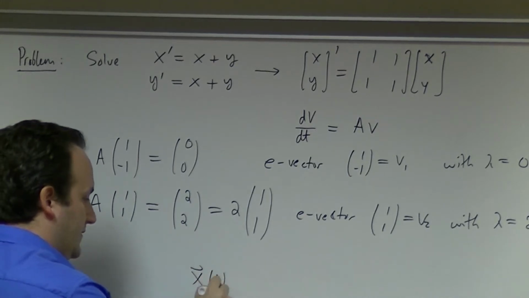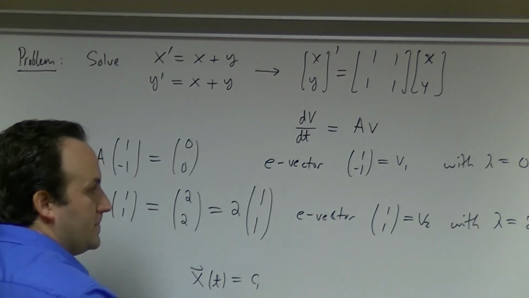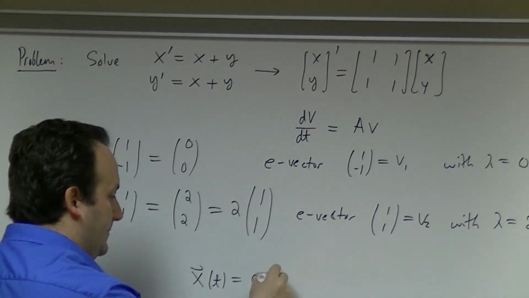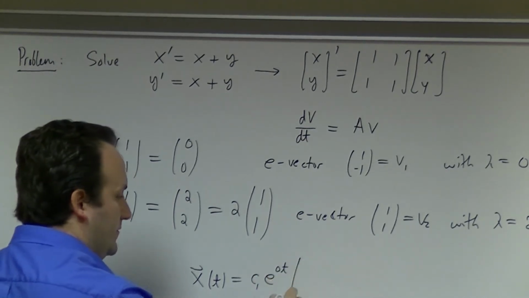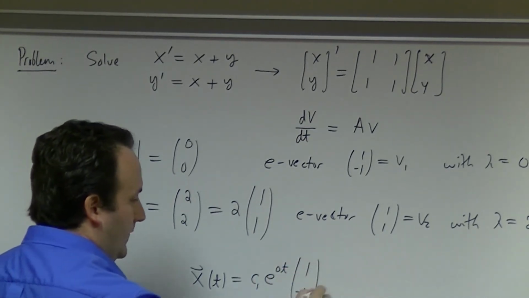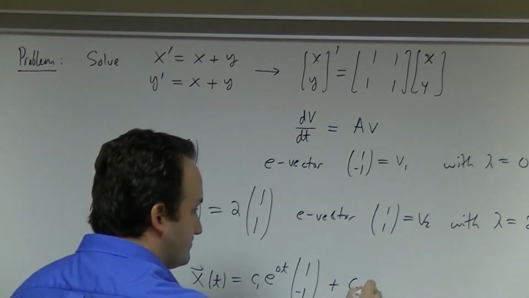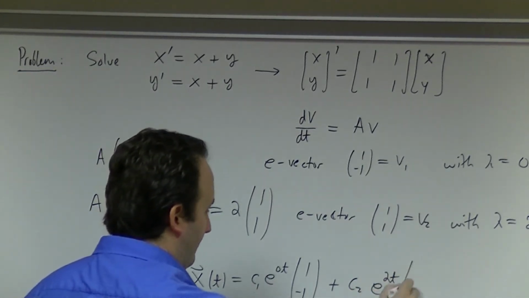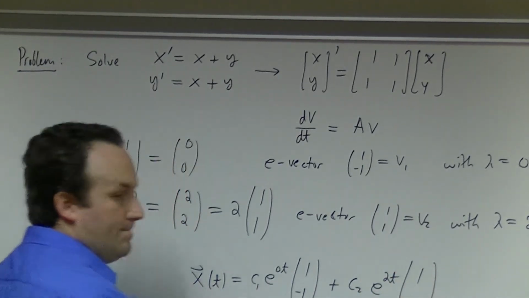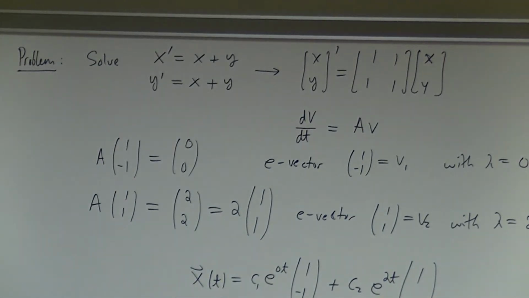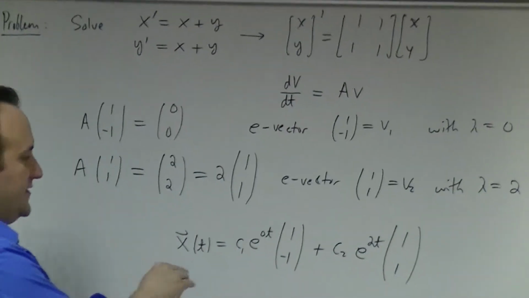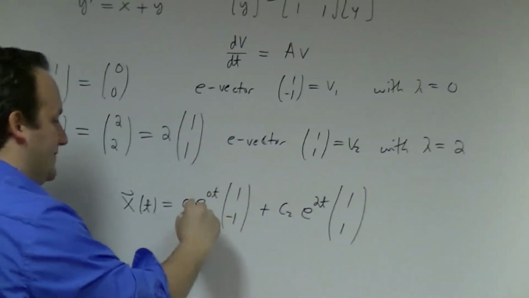X of t is equal to c1 e to the 0t times v1 plus c2 e to the 2t times (1, 1). That's how you solve it. Simple as that. You're like, well, e to the 0t is just 1, why don't you just write 1 here? Fine, I'll do that.